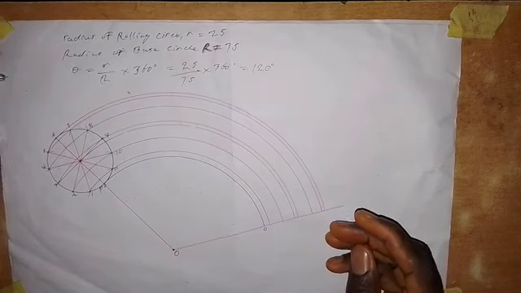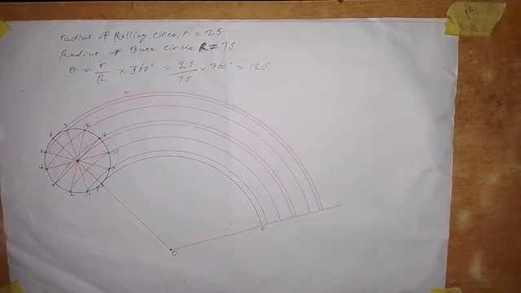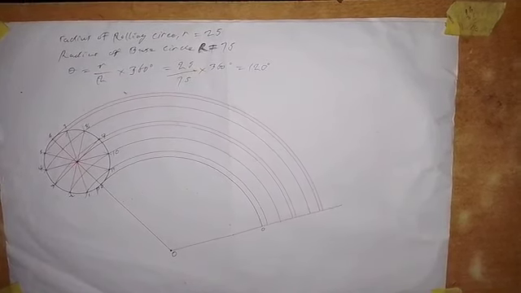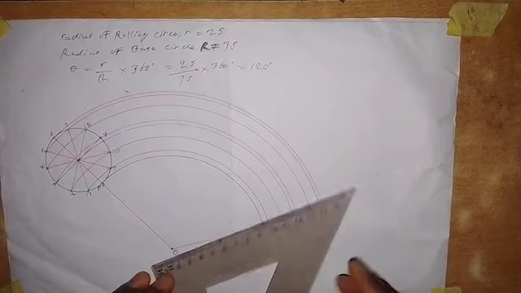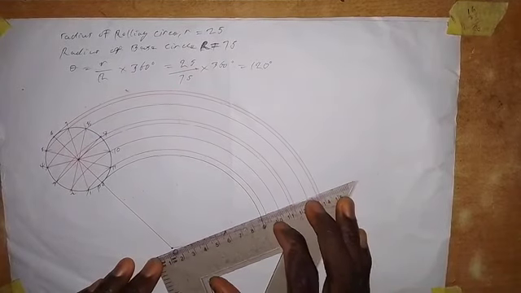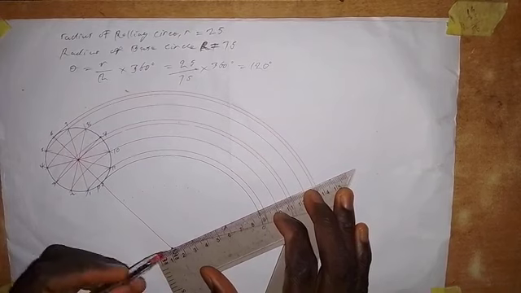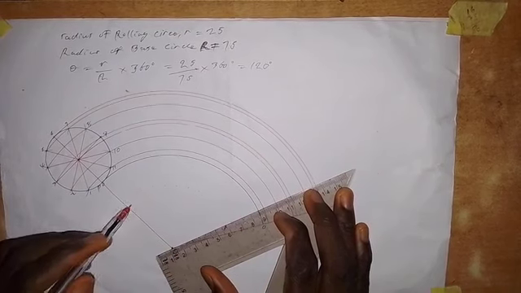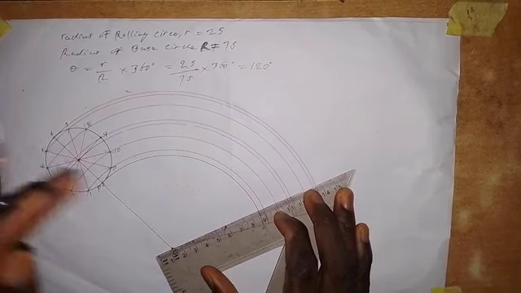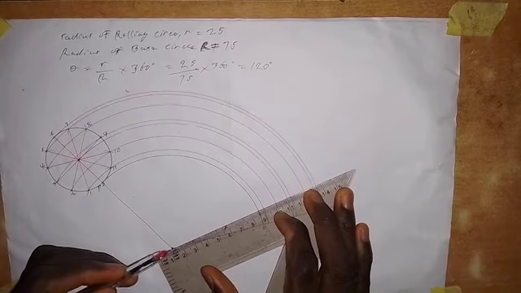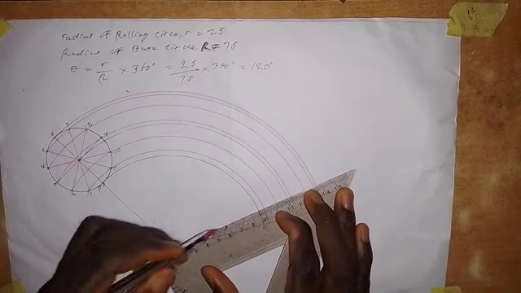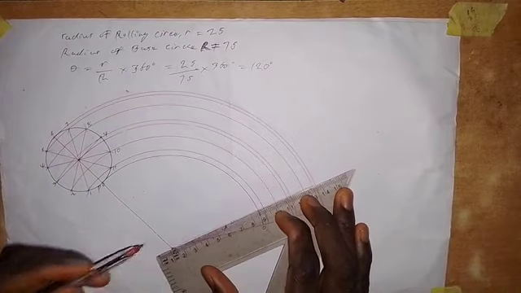Alright, now the next thing that we are going to do is to take a set square or ruler and we draw a line through each of these points. That is the division of angle that we did. So we draw a line through each of them, like this. So it will end here.